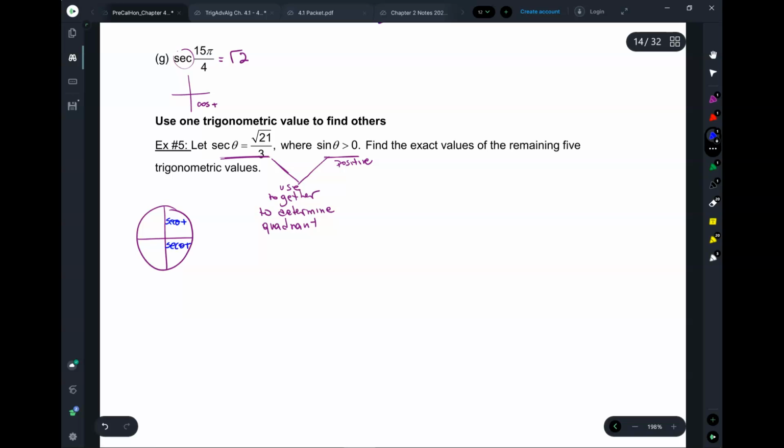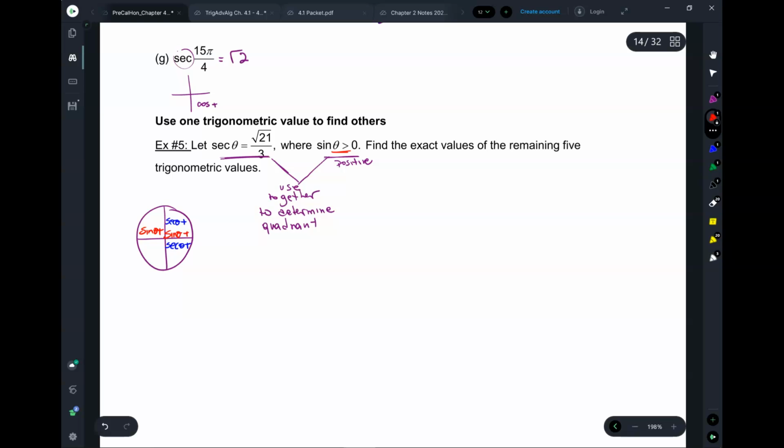Now, I'm also told sine is positive. Where is sine positive? Here and here. When you do this, it's like black magic. There's always going to be one quadrant where 2 items show up, and that's the quadrant your answer is in. So our answer is going to be in quadrant 1.